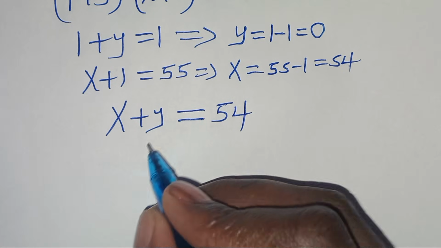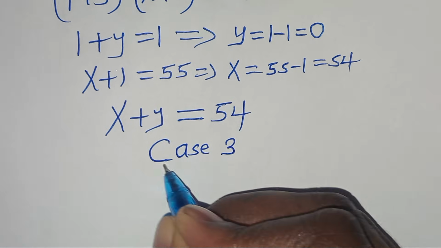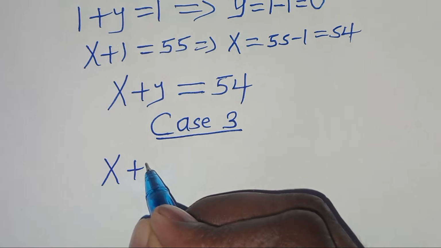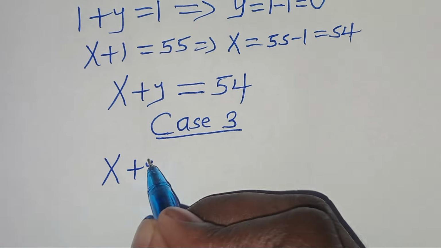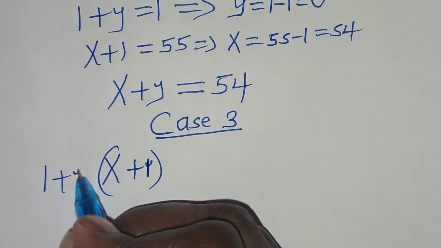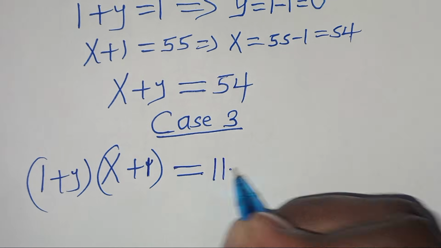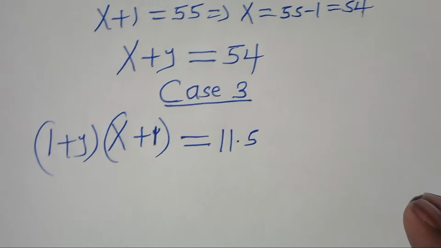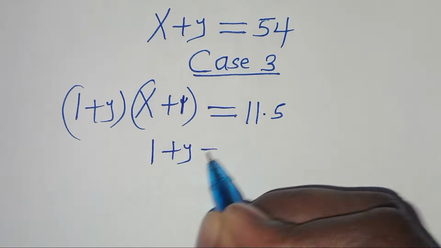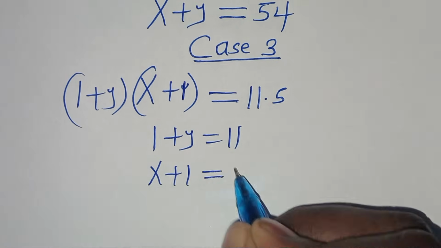Now, let's proceed to case 3. We have x + 1, and here we have 1 + y, equal to 11 times 5. So this means that 1 + y = 11, and x + 1 = 5.